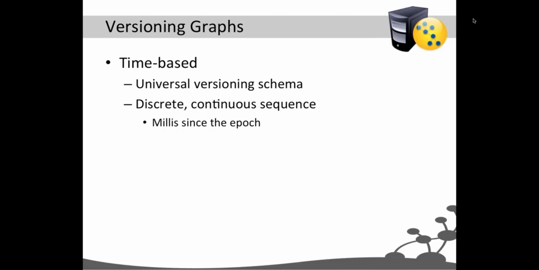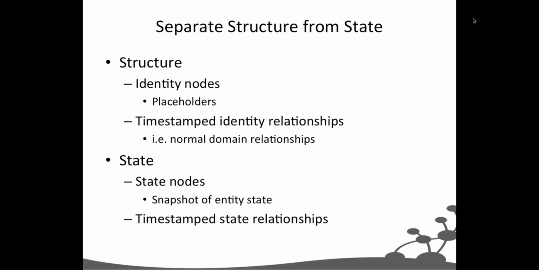It's a universal versioning scheme. It's very simply implemented. All we're going to do is to timestamp stuff with long values that represent milliseconds since the epoch. Okay, so it's the same underlying mechanism that you see in lots of date-time implementations on different platforms.